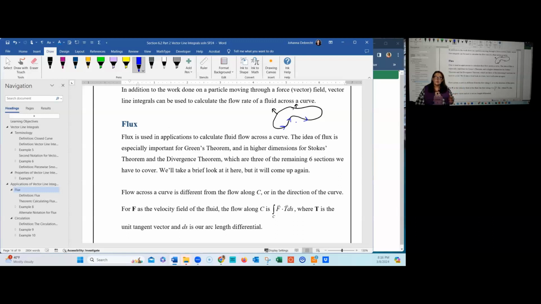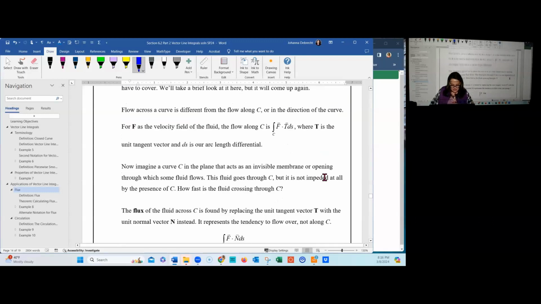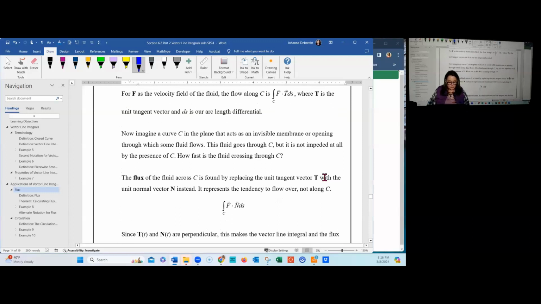We're talking about moving normal to the curve. It makes sense then that the change we make in the vector line integral is to replace the unit tangent vector with the unit normal vector. You can think of this sort of as a membrane in the flow of some fluid.